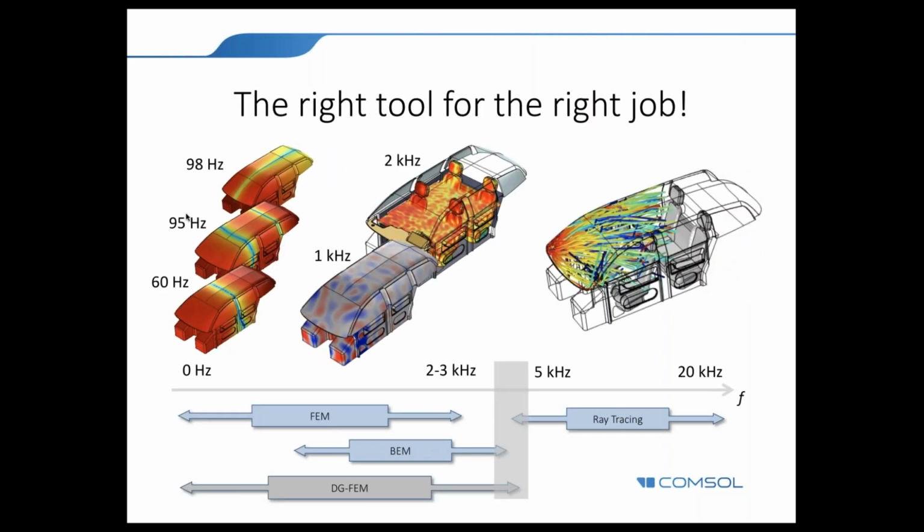So depending on the frequency range, there are multiple choices for low or mid frequencies. Like with the car cabin, we will use the finite element method, and for higher frequencies, you can go for the ray tracing method.